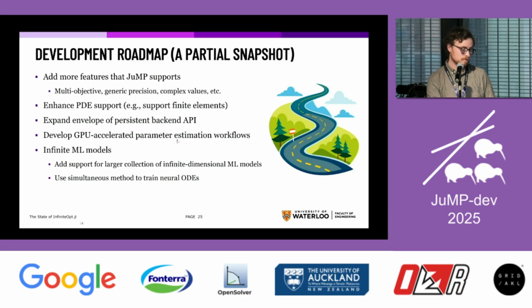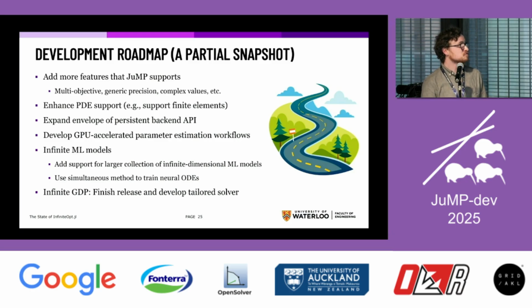And we've had some initial work to show it's maybe even promising to use direct transcription for actually training small to moderate size neural ODEs, and we can show that has much better convergence properties than using adjoints. So we're maybe looking to use InfiniteOpt to train some of those models. And then also working with the infinite disjunctive programming work to come up with some more tailored solution approaches that are also GPU accelerated to more effectively solve problems with switching constraints.